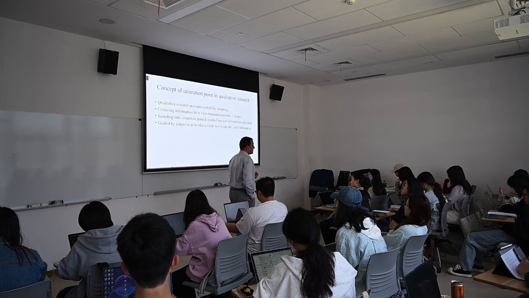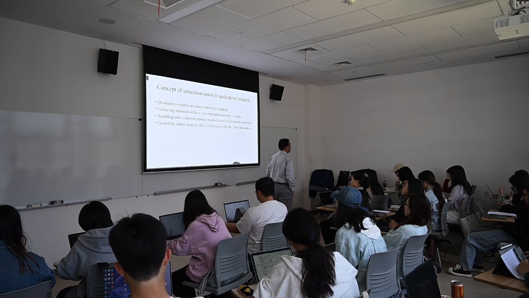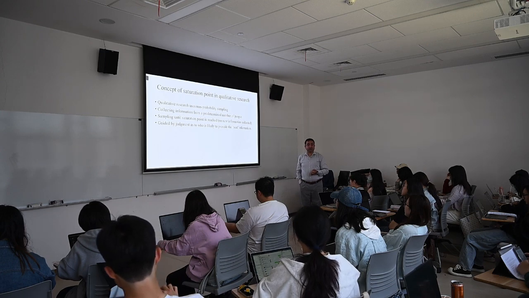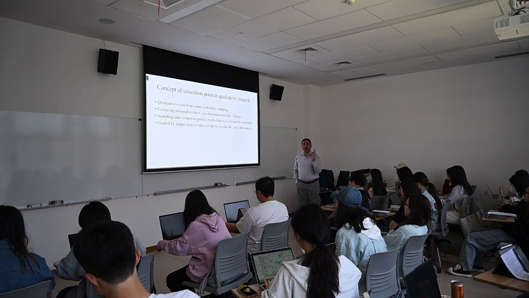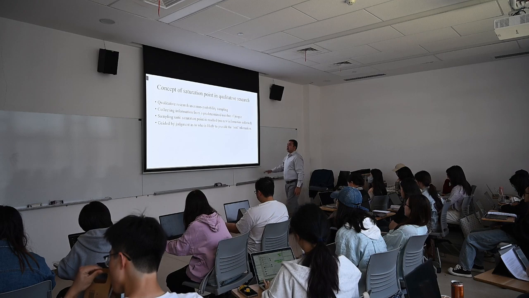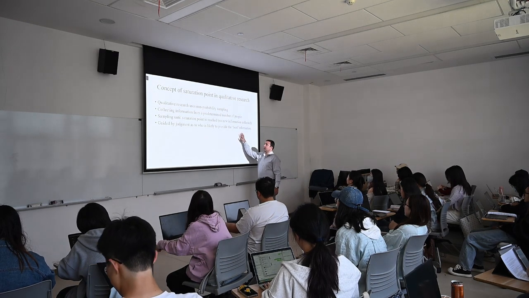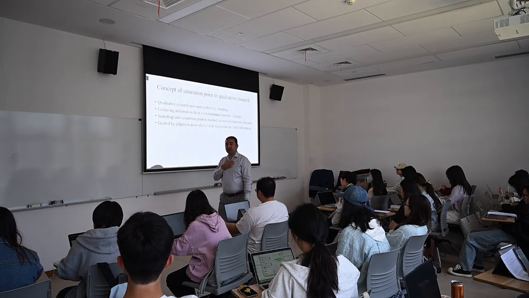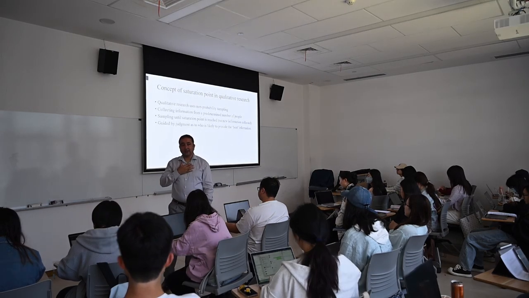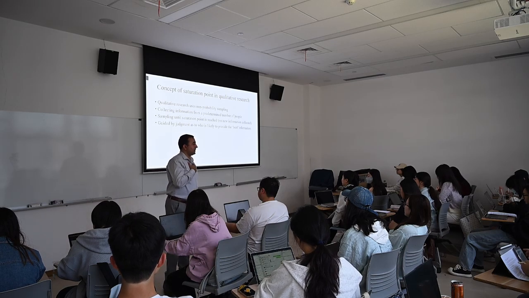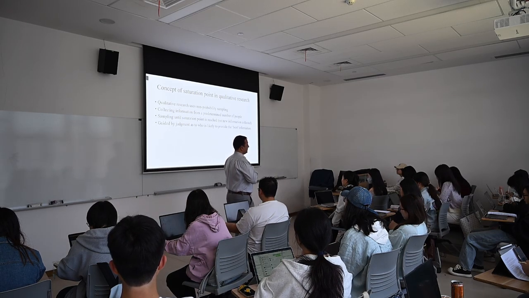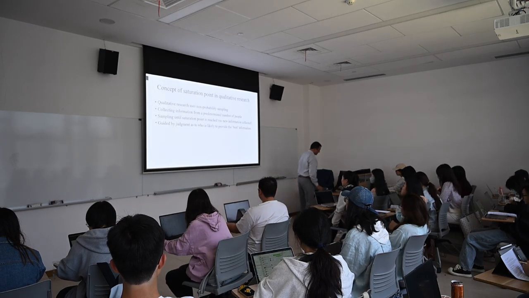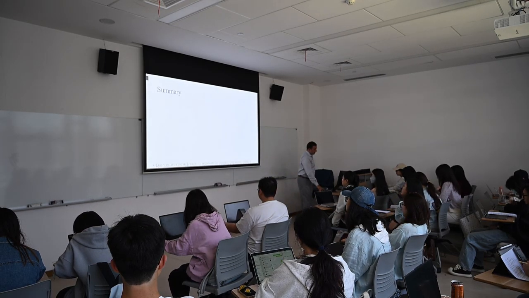So we collect information until the saturation point is reached. We continue collecting information until we get all the information we need. And guided by judgment, we select the people who we think can provide us the best information. This is qualitative research and the saturation point.